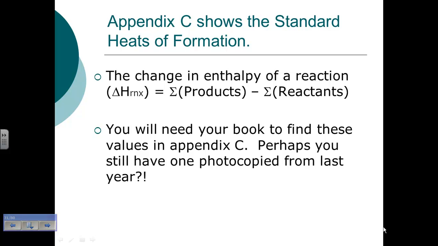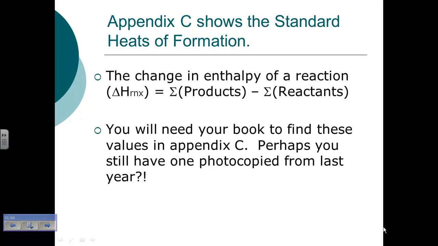Now, a good margin note here. To find a heat of a reaction, recall this is our formula. The sum, see that sigma? That's a Greek symbol that represents the sum. The sum of the products minus the sum of the reactants.